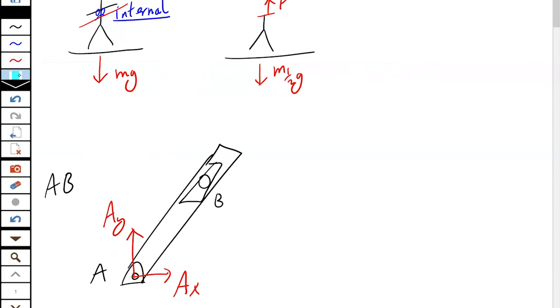What about B? Well, we remember our rule. If it can move in a certain direction, there isn't a reaction that way. Now that bolt and pin B can move along AB, so there's no reaction.